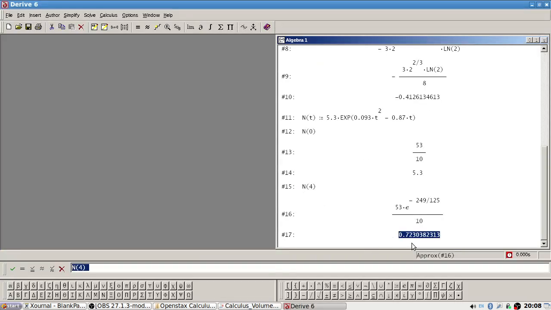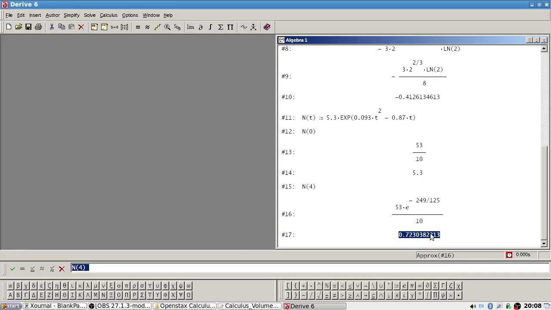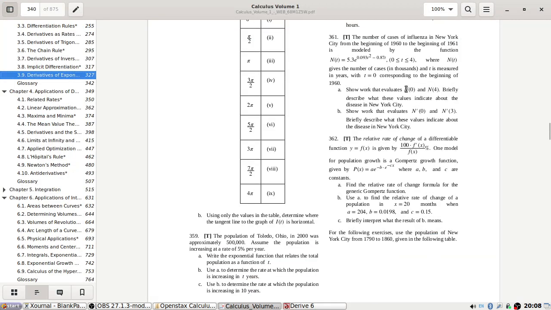So this is just the rate per year in thousands that influenza cases are growing. Is it? No, this is how many cases there are. So decreasing. 5.3 and 0.7. Interesting.